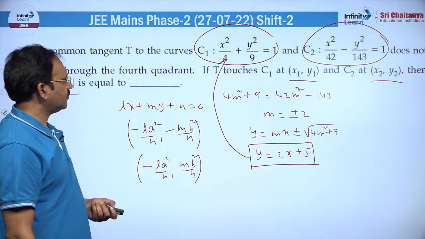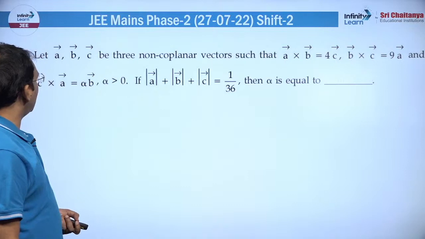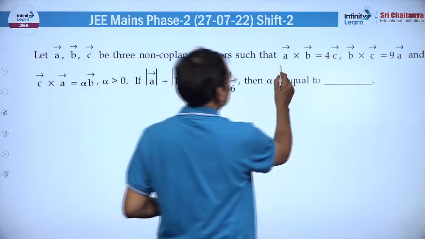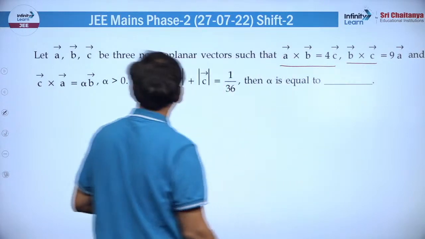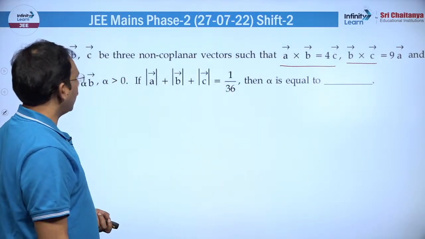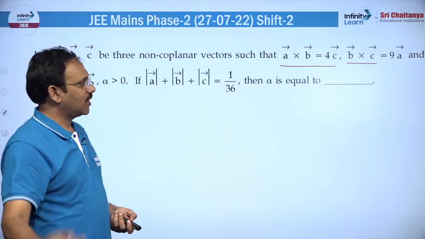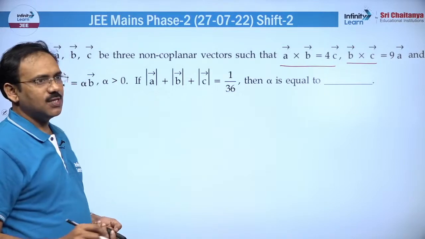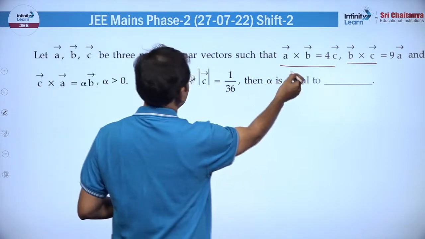And the last question, you can observe it as a, b, c are 3 non-coplanar vectors such that a cross b is 4c, b cross c is 9a bar, and c cross a is alpha b bar, right, my dear friends. In this question you see a cross b is 4c bar, in the sense you can just apply modulus on both sides.